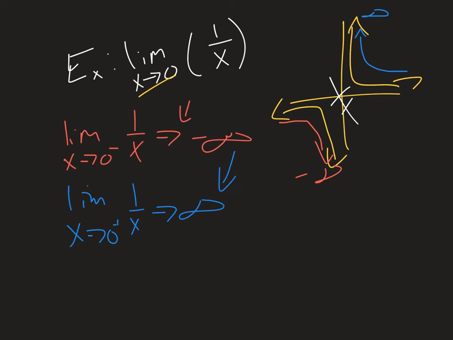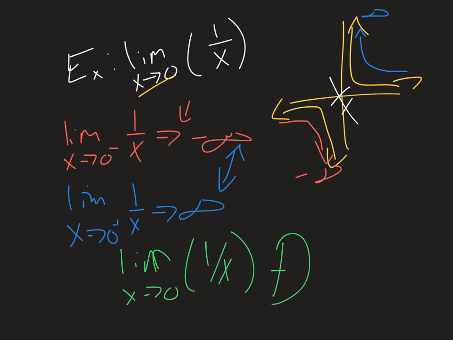Since these two things are not the same, we would say our limit of the entire function as x approaches 0 of 1 over x, there's no one value that it tends towards, so it does not exist. A shorthand in mathematics is just to write DNE, does not exist. That's because one side goes to positive infinity, one side goes to negative infinity. They are not going to the same place.